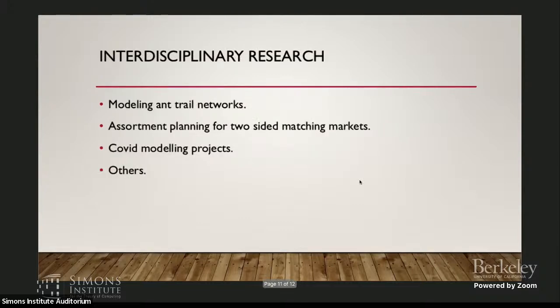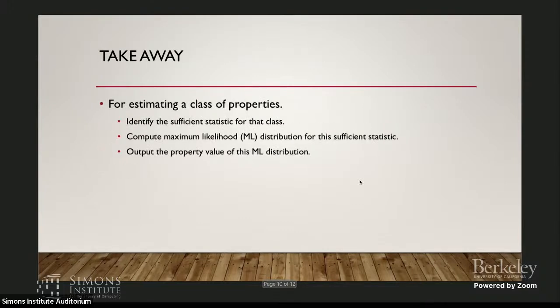In the case of symmetric properties, discrete distributions, IID sampling, we are able to show that it's statistically optimal, but I believe that this holds in much more generality for other classes of properties in many other settings. Okay, this is the general recipe for doing the estimation.